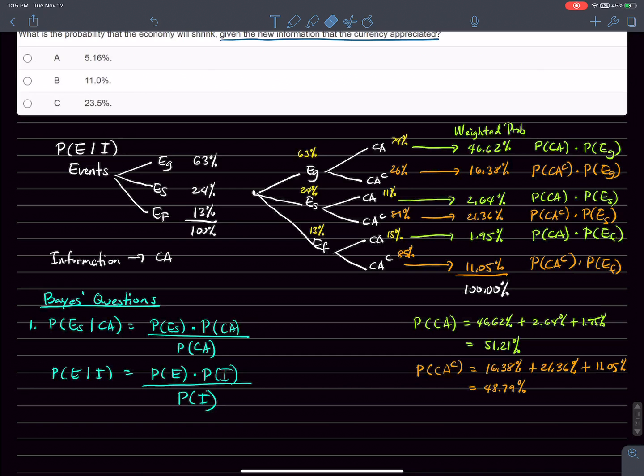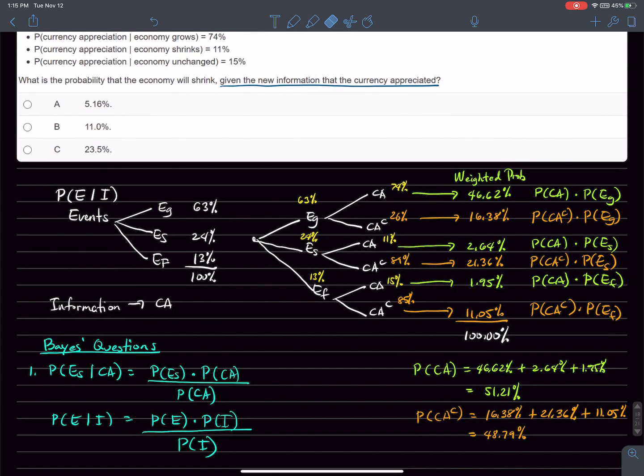So now, can we figure out what these variables are? Let's say probability of event. Do we know it? In this case, we were asked the probability that the economy shrinks.